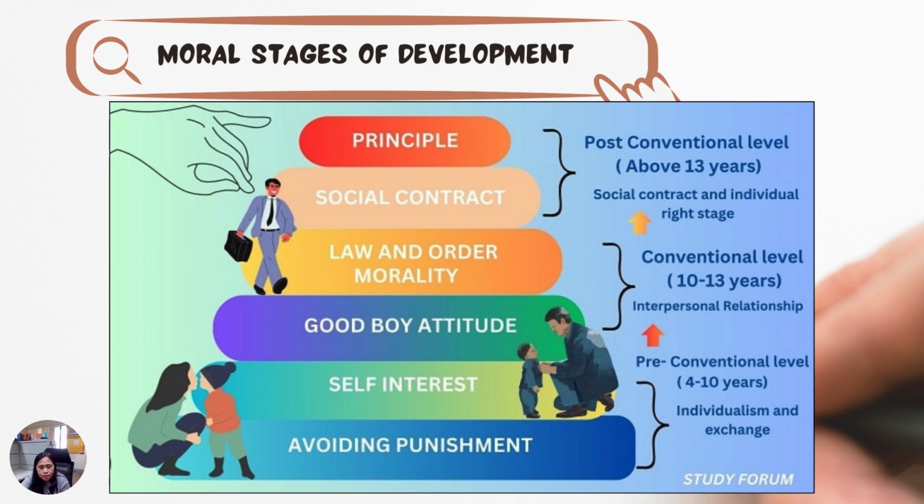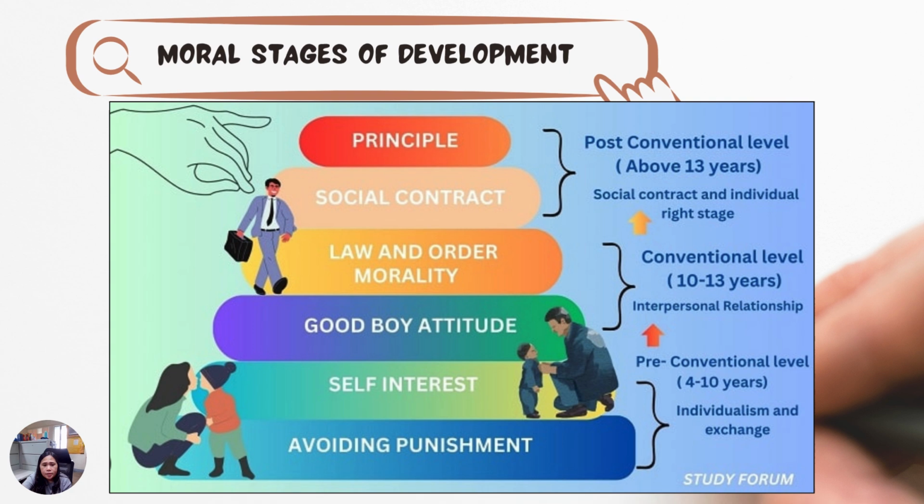And substage 4, still under the conventional level, we have the law and order orientation. The focus in this shift is from personal relationships to maintaining a larger scale of social order.